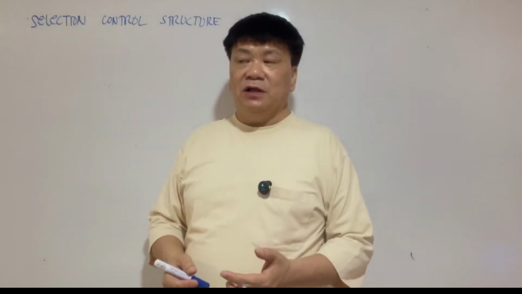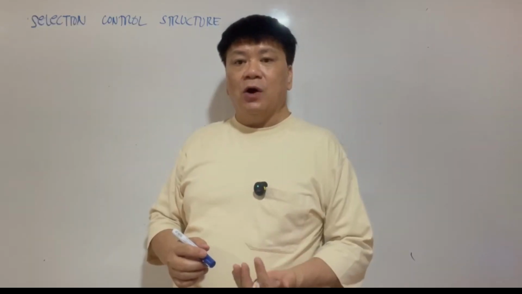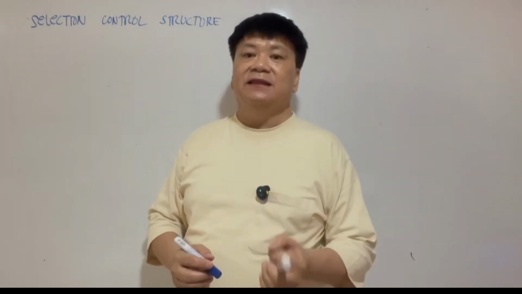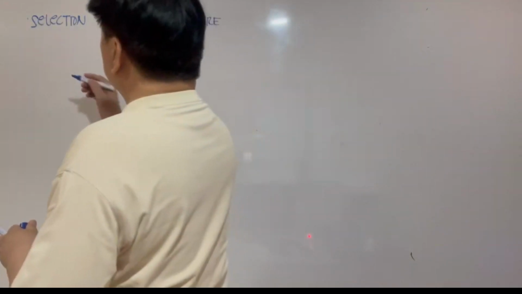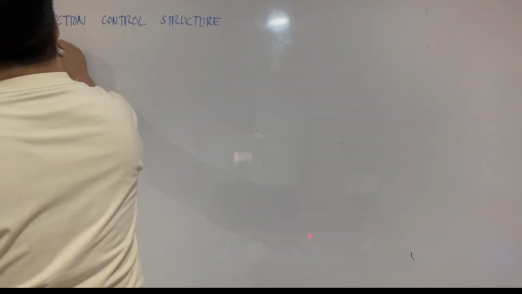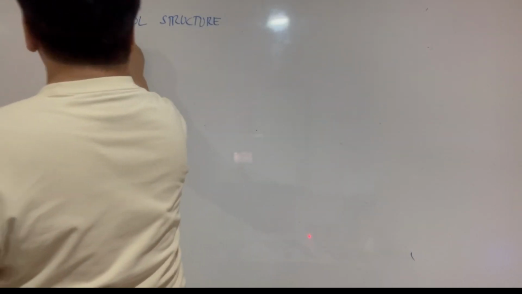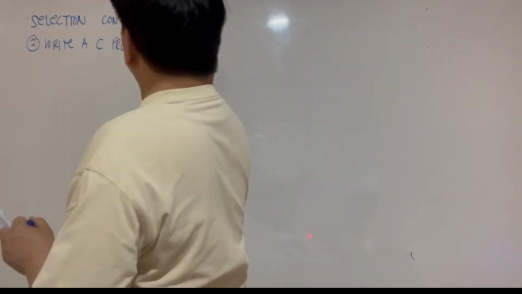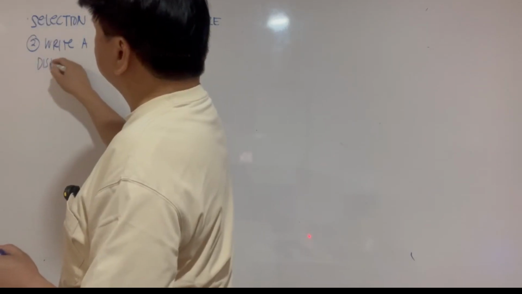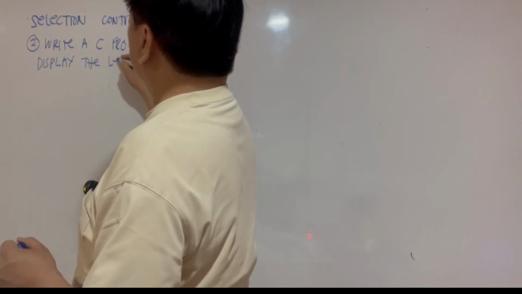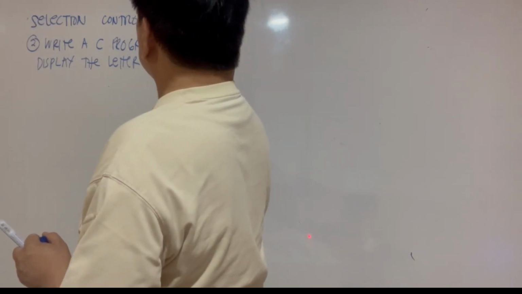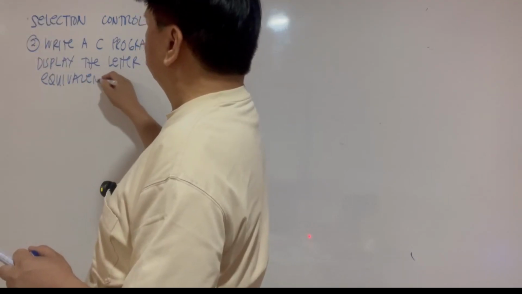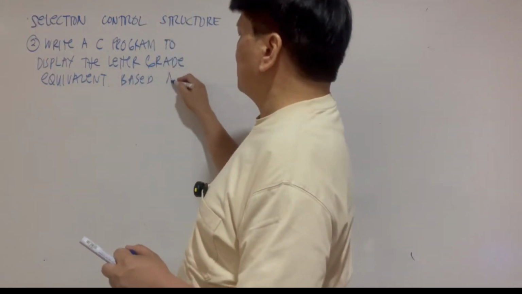Let us have another example for the selection control structure. A while ago, I presented the if-else statement. This time, let us use the nested if-else statement. Let's say you're asked to write a C program to display the letter grade equivalent based on a score.